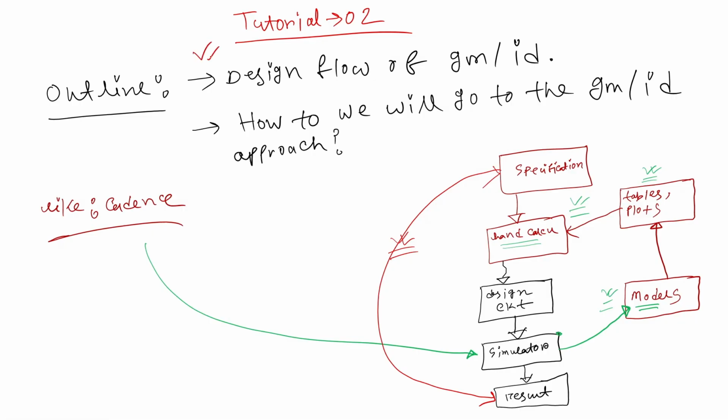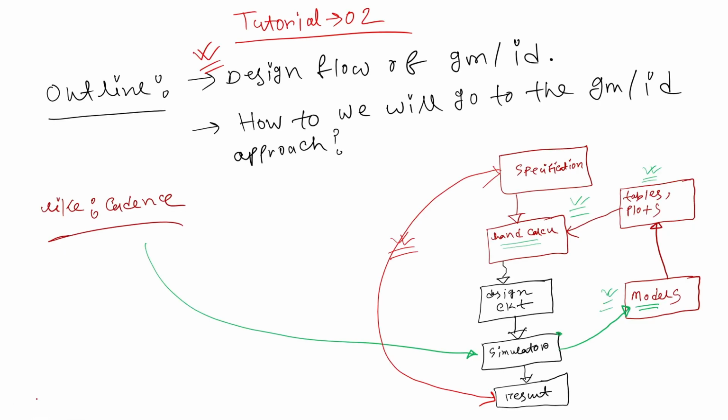This is the design flow that I discussed for the GM over ID. Now we will see the second outline, that is how we will go to the GM over ID approach.